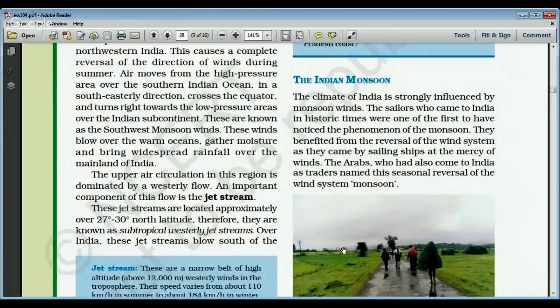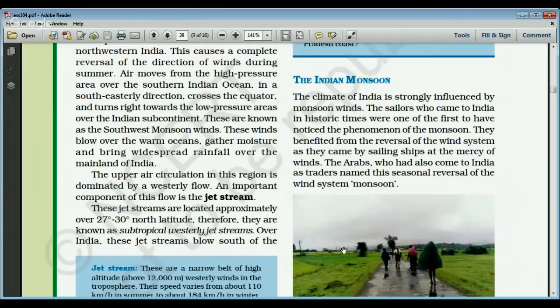And the south winds, whatever winds were coming in the southern hemisphere, will also try to cross the equator. But whenever they try to cross the equator and come into the northern hemisphere, the Earth's rotation effect will come into play. I've already told you that because of the Coriolis force, whatever wind comes in the northern hemisphere will deflect toward the right.